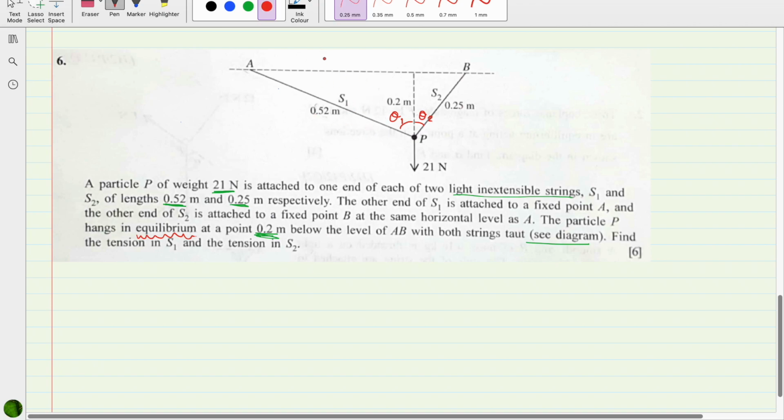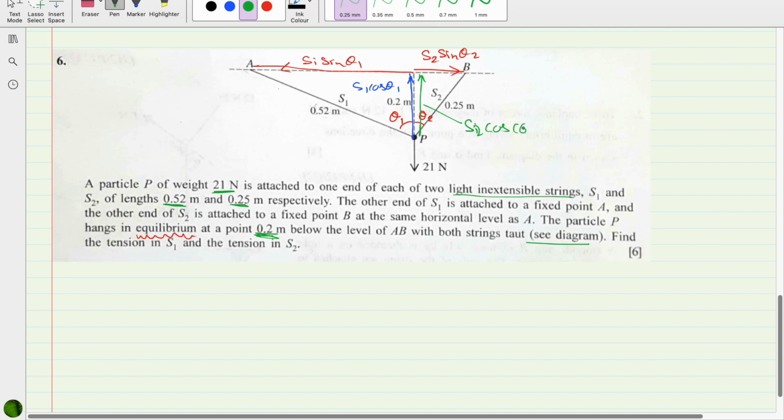Using S1, I can write this as S1 sine theta 1, and on the other side this is S2 sine theta 2. For the vertical components, this one in blue is S1 cos theta 1, and this vertical in green would be S2 cos theta 2.